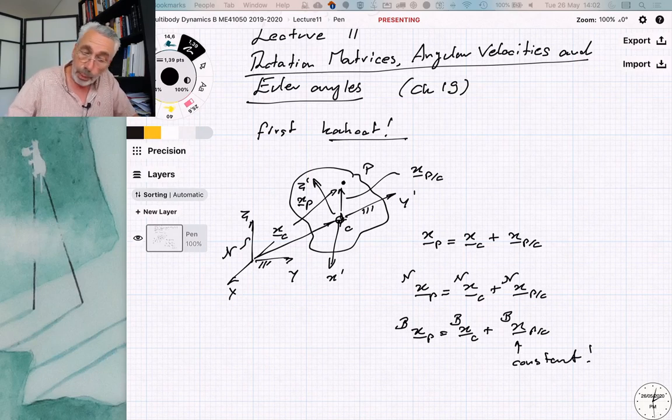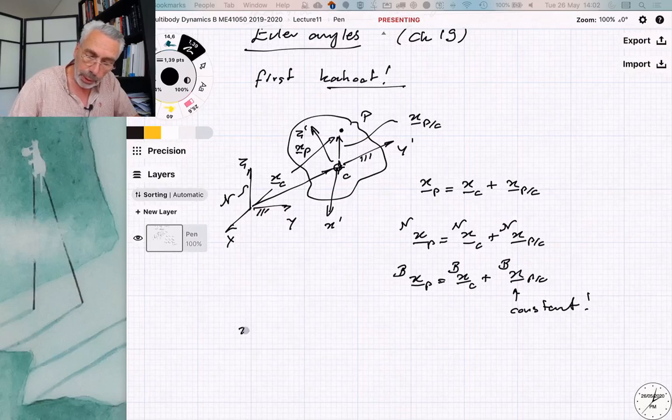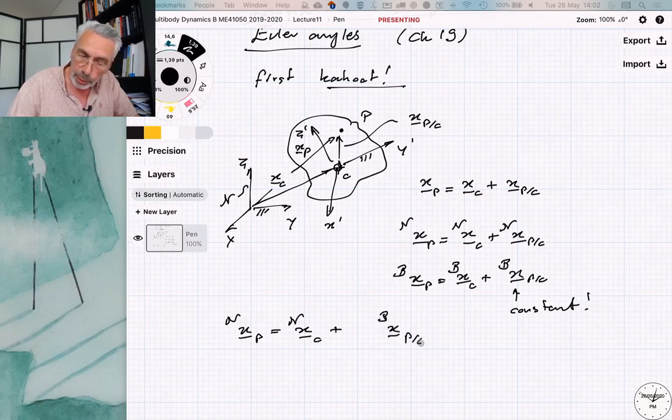Now, however, for Newton, we want to know what the position is in the inertial space. So what we have to do is say, okay, we find the position of P in the inertial space is the position of the center of mass in the inertial space, plus, and then we like to use this vector in the body fixed frame. But then we have to transform these components from the body fixed frame to the inertial frame.